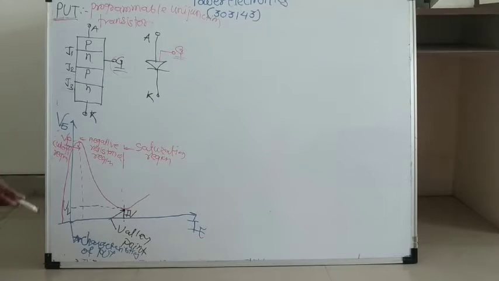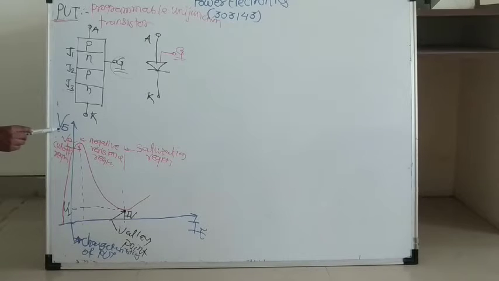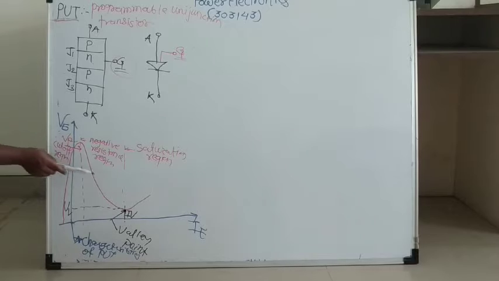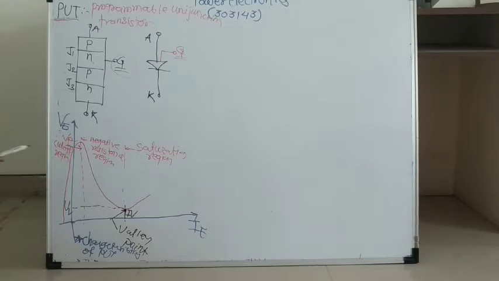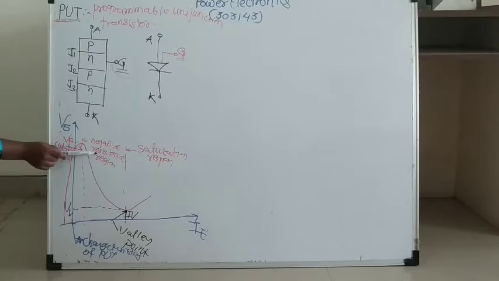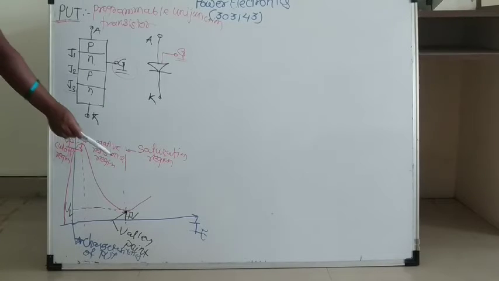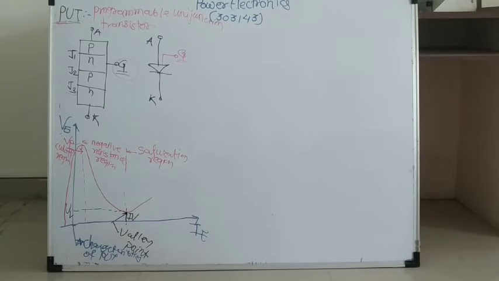Hence, these are also called the VI characteristics of PUT. Here the graph of VE, that is emitter voltage, versus IE, that is emitter current, is there. This graph is divided into three regions. First is the cutoff region, second is the negative resistance region, and third is the saturation region. Now see one by one.